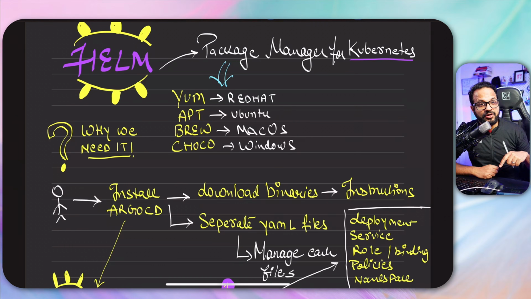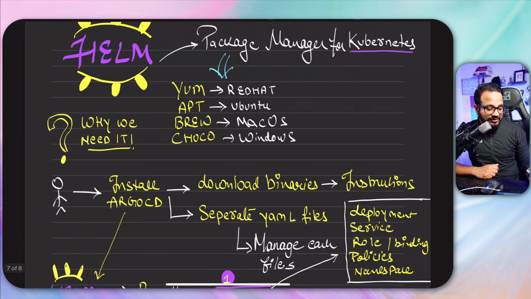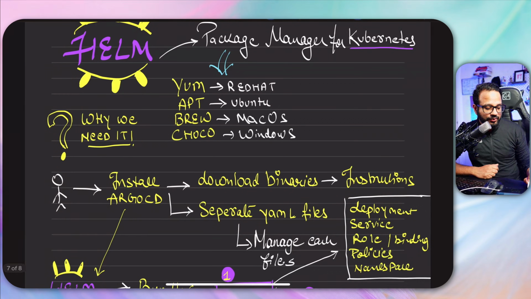And if you install Argo CD as a pod in Kubernetes, that means you will be downloading separate files. It will be a folder, a GitHub repo from where you will download all the separate files. These files could be deployment YAML, service YAML, role binding, policies, namespace, secrets, config maps.